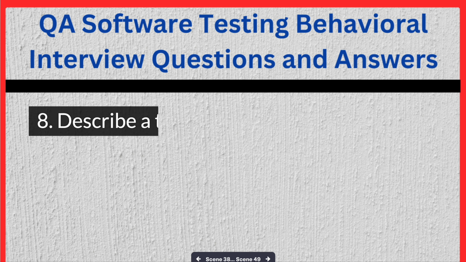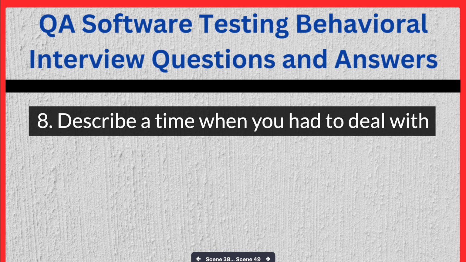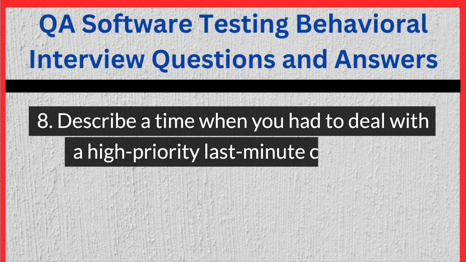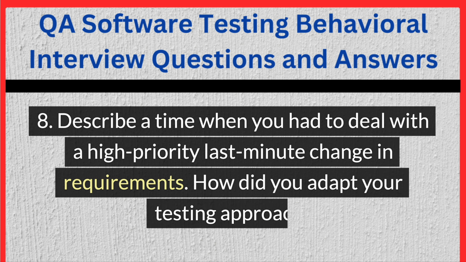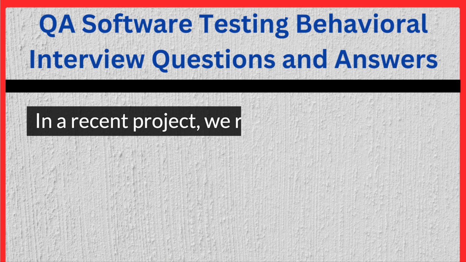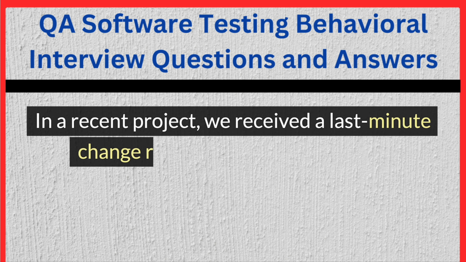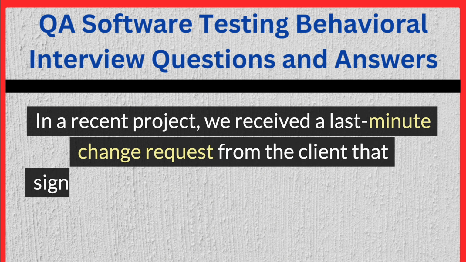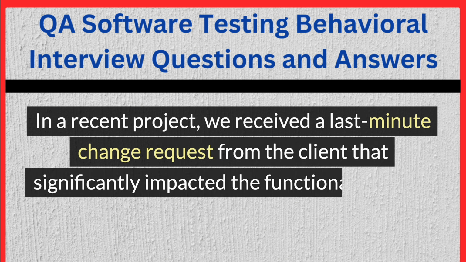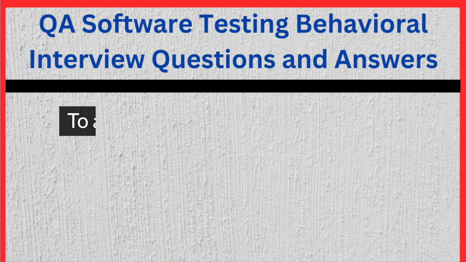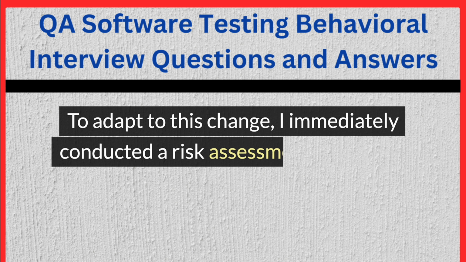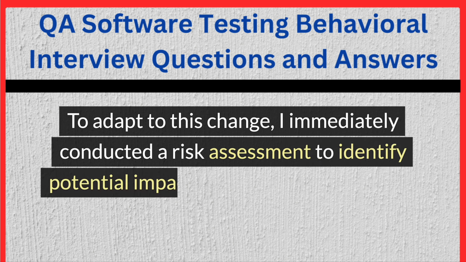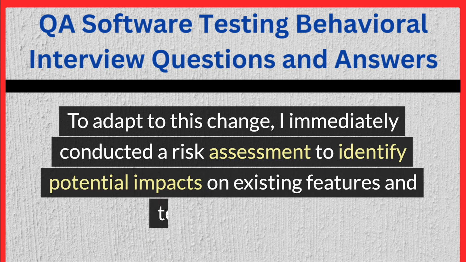8. Describe a time when you had to deal with a high-priority last-minute change in requirements. How did you adapt your testing approach? In a recent project, we received a last-minute change request from the client that significantly impacted the functionality of the application. To adapt to this change, I immediately conducted a risk assessment to identify potential impacts on existing features and testing timelines.